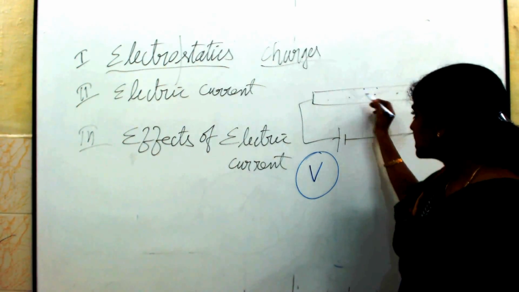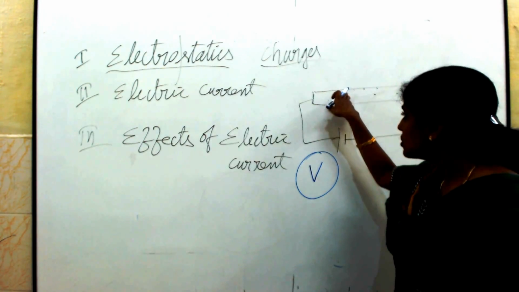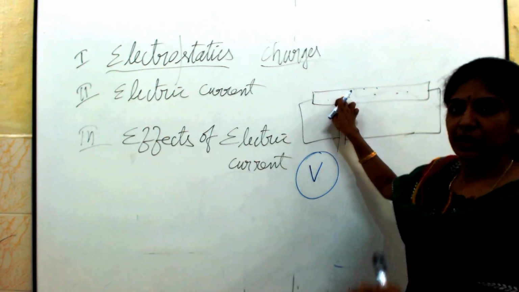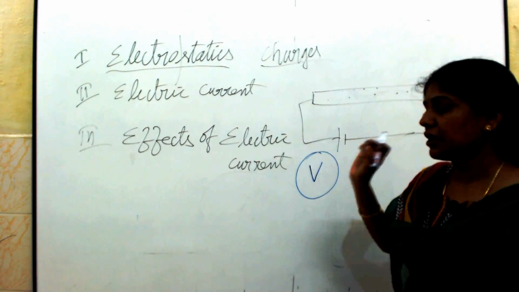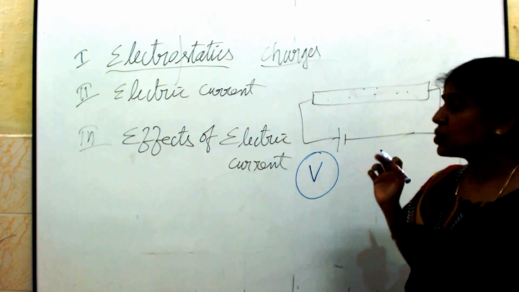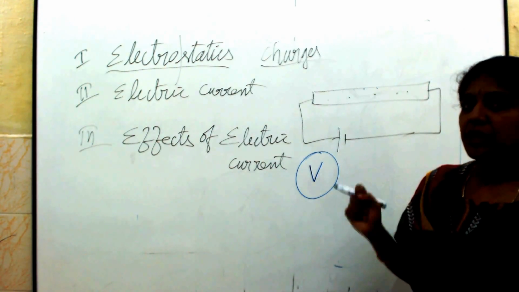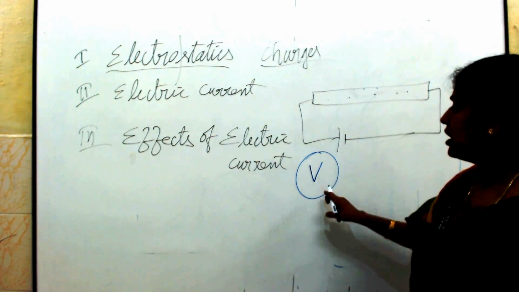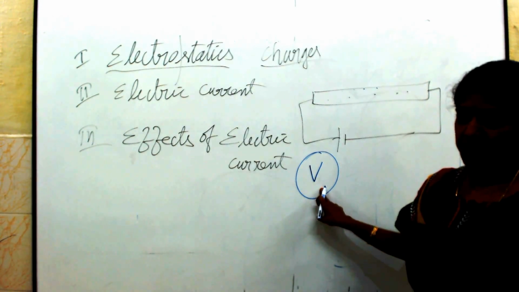When they collide like this, a part of the energy is wasted in the form of heat in the conductor. That we call the heating effect of electric current. So how are we getting that heating effect? Due to the collisions of the electrons when they are accelerated by an external battery.